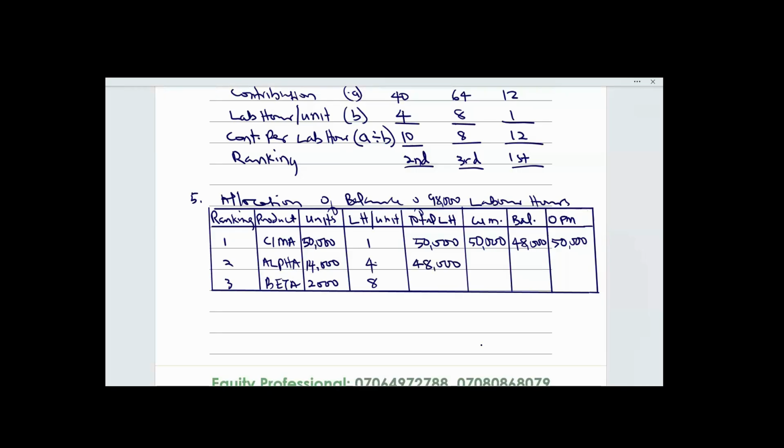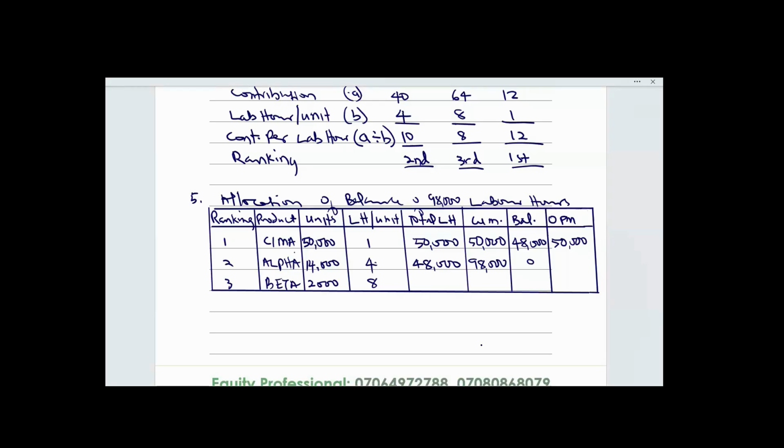So cumulative, 48,000 plus 50,000 will give us 98,000. After allocation to Alpha, 98,000 minus 98,000 will give us a balance of 0.